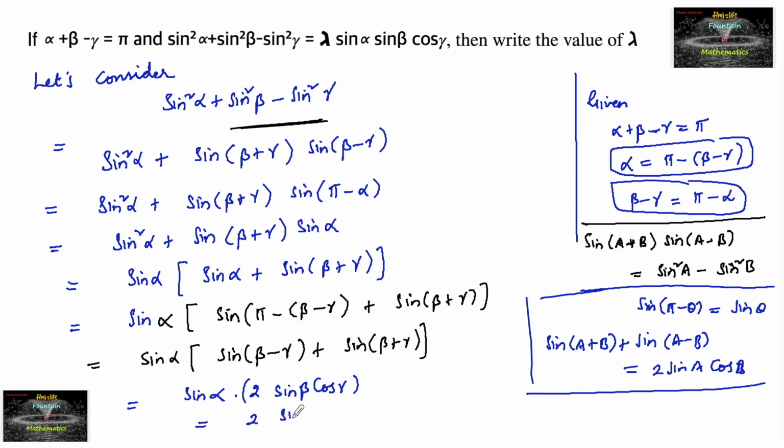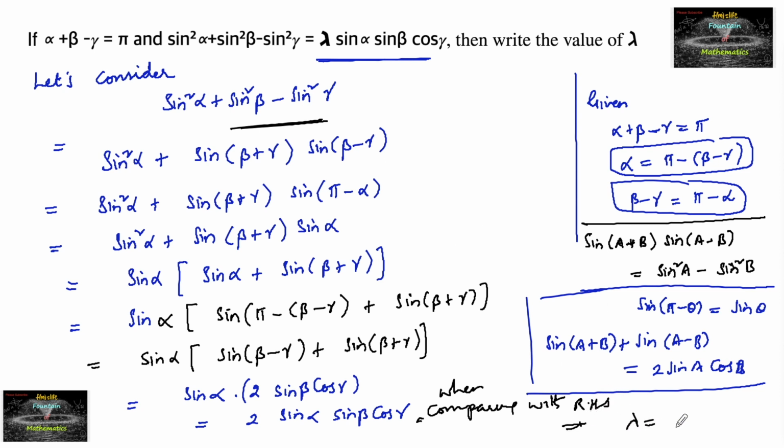So which implies 2 times sine alpha sine beta cos gamma. When comparing with the RHS part, lambda is equal to 2. So we can go with the answer lambda is equal to 2.